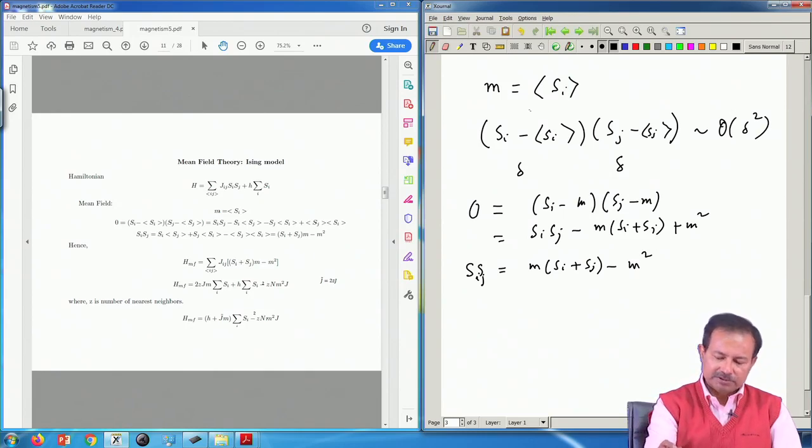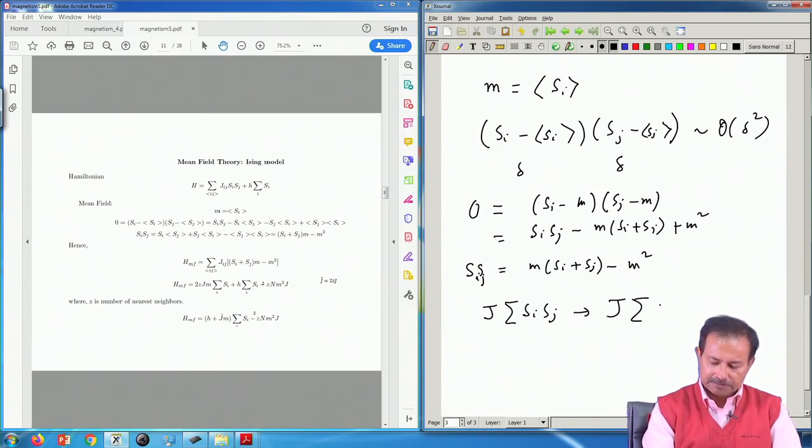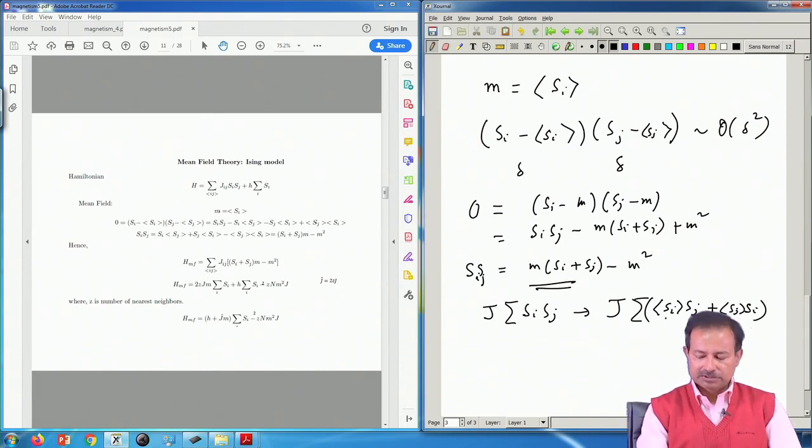So, one will replace these terms like J S_i S_j by terms like S_i times the average of S_j plus S_j times the average of S_i, which is what is done here, okay, because this average is basically m.